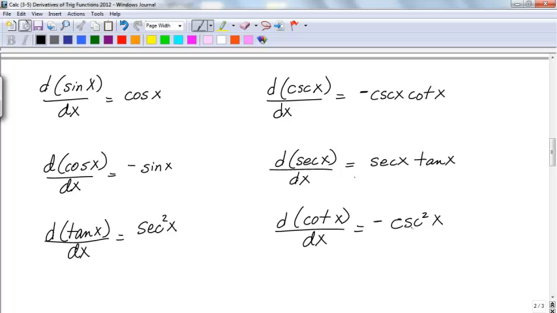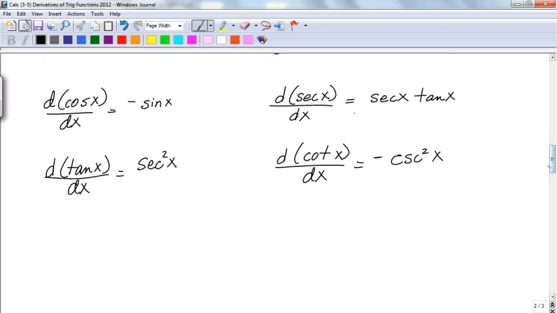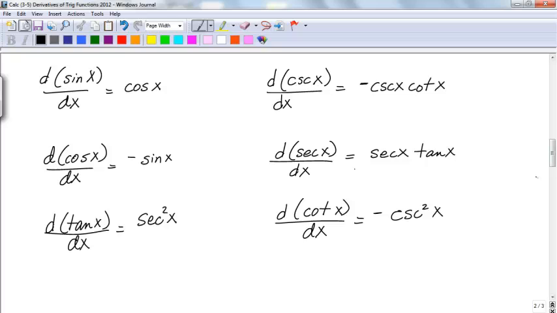Okay. Now, in all these, the angle is just x. If we change the angle to 5x, then that's a different story, and we'll talk about that later in another section. Now, the author is going to give you examples of figuring derivatives, and I'll come back to this page in a minute.